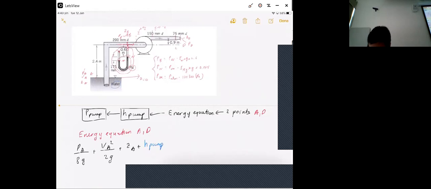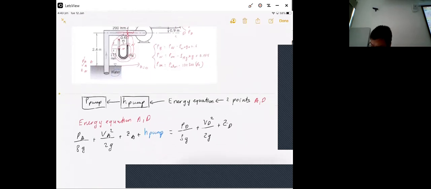Okay, equal to point D: PD over rho g, plus VD squared over 2g, plus ZD. That's D. With PA, it's atmospheric pressure, 101,300 Pascal.